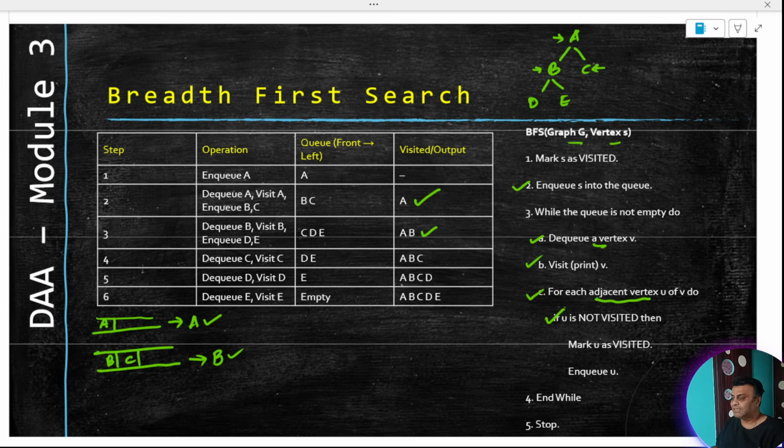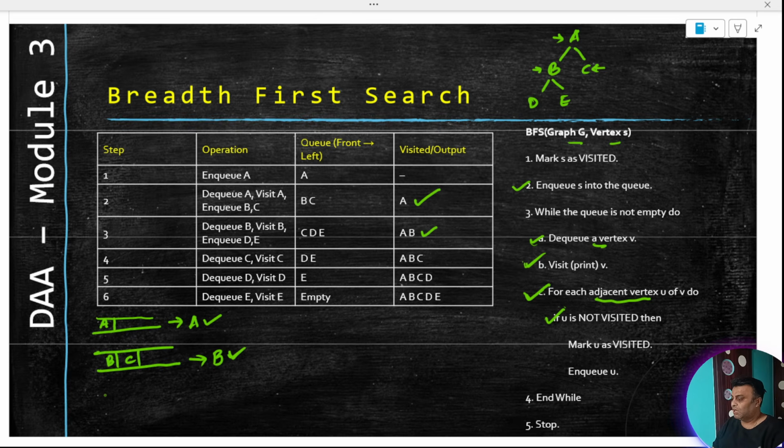So all the adjacent nodes for that particular node that we are trying to take right now, which is B. We have taken out B. So if we have taken out B, that is visited B, dequeued B, then we have to find out the adjacent vertices, right? So if we have taken out B, what is adjacent to B?